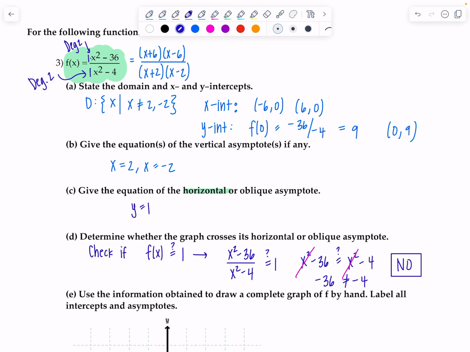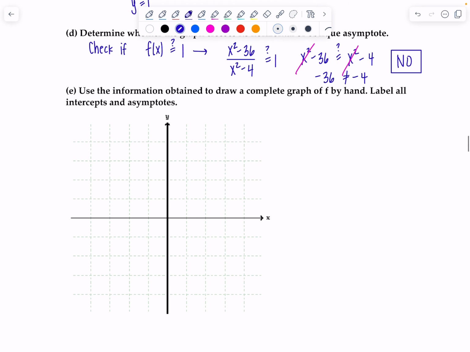Good, and then now we're going to draw a complete graph by hand, label all the intercepts and asymptotes. So since we have to go out to 6, I'm going to scale by 2's in the x direction. So that's 2, 4, 6, negative 2, negative 4, negative 6.